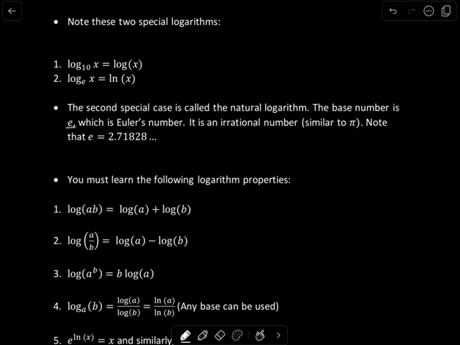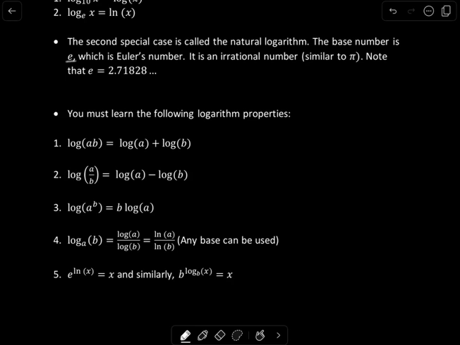Let's move on to some logarithm properties. There are 5 properties here, and you obviously need to learn them. The first one is log of, and notice here I have log with no base, so I'm saying it has log base 10. But these properties don't apply just to log base 10.